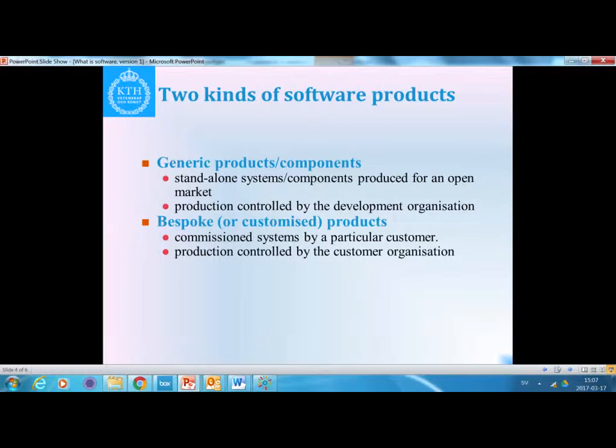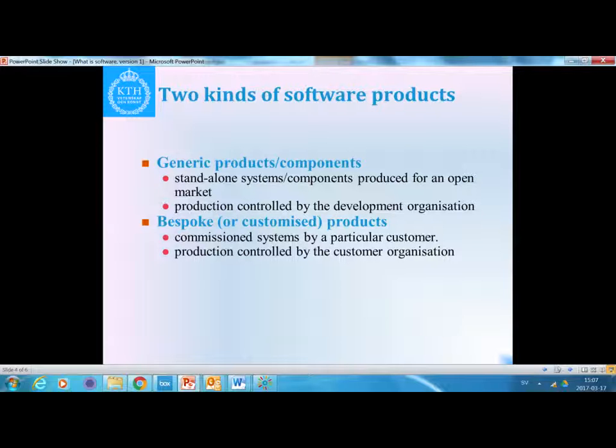We have two types of software products. We classify them as generic and bespoke. Generic, you may have heard about standard products or standard components. These are standalone systems or components that are produced for a broad market. Let us say that many schools have similar functionality.